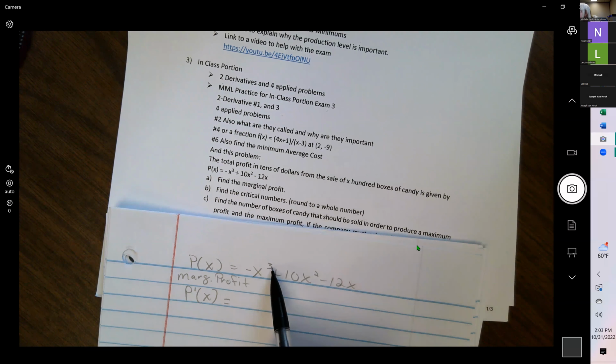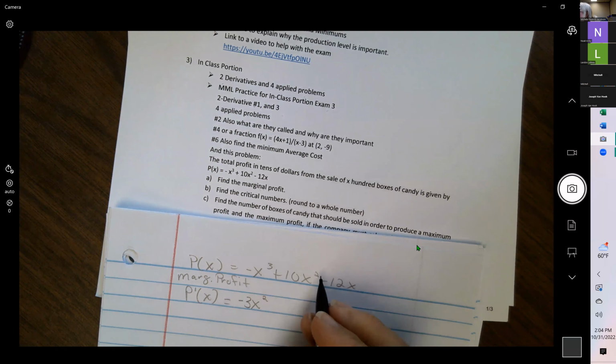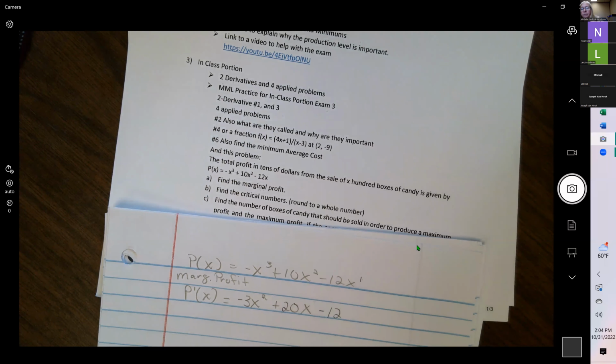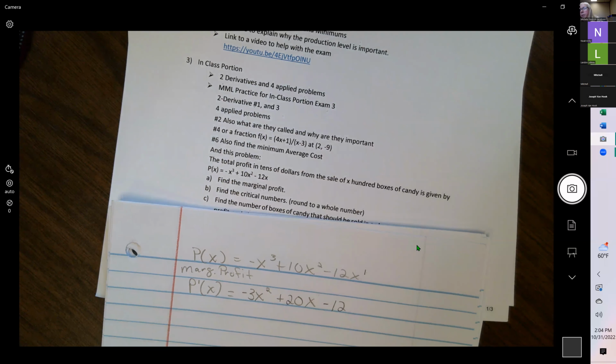Taking the derivative, we multiply and then subtract 1. 3 times a -1 is a -3x. And when we subtract 1, we get squared. 2 times 10 is 20x. Subtracting 1, it's x to the first. And this is a 1 times 12 is a -12. And then it would be x to the 0, which drops off. Any questions on that part?